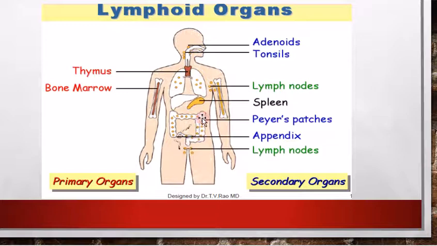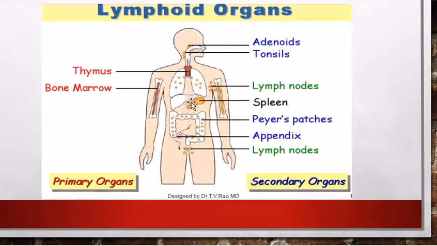And this is GALT, gut associated, and this is MALT, that is mucosal associated lymphatic tissue. So these are called Peyer's patches.